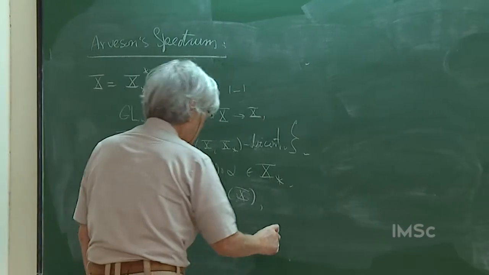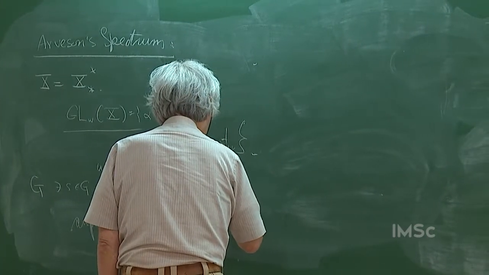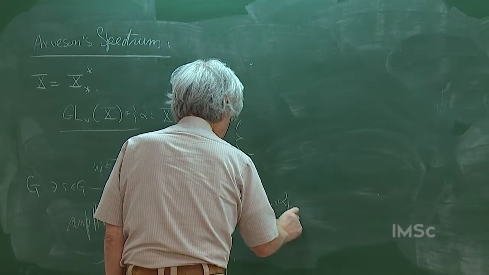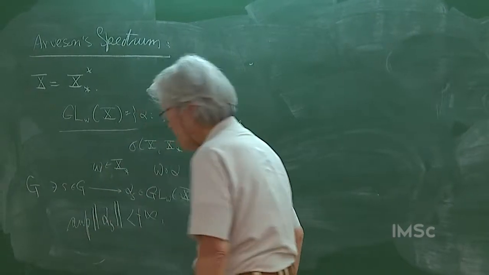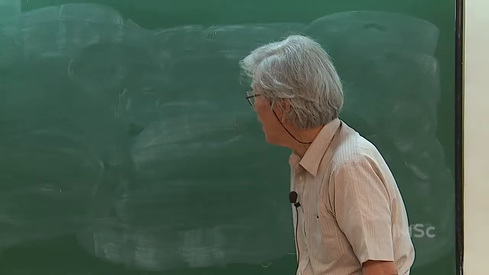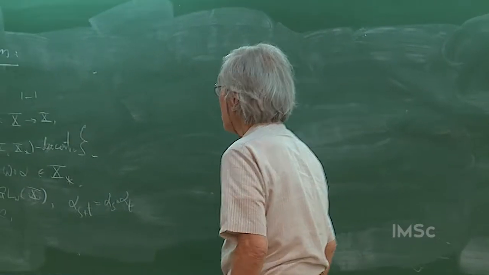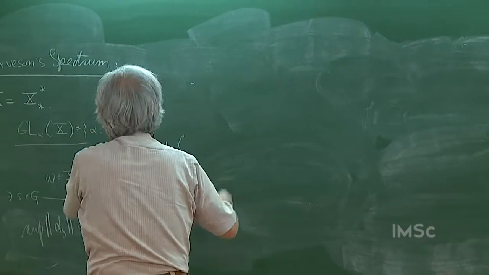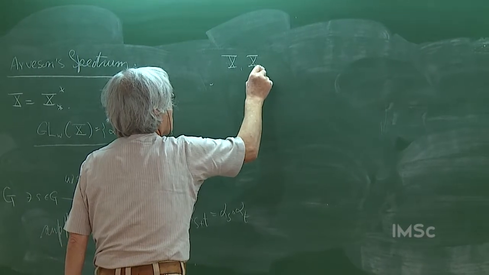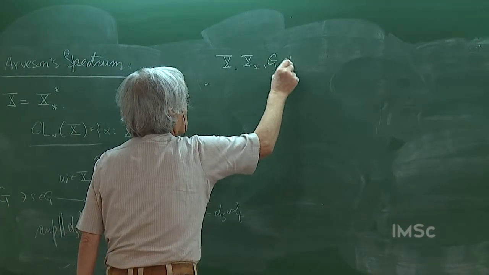And of course, the group rule is preserved. Those are the objects: X, G, and alpha.